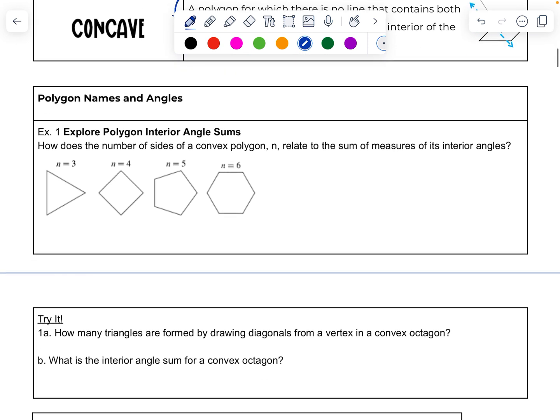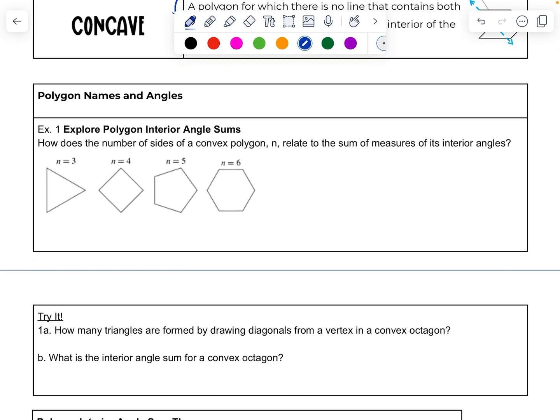So we're going to look at this, and it says explore polygon names and angles. How does the number of sides of a polygon, n meaning the number of sides, relate to the sum of the measures of the interior angles? In the first one, we have a triangle.